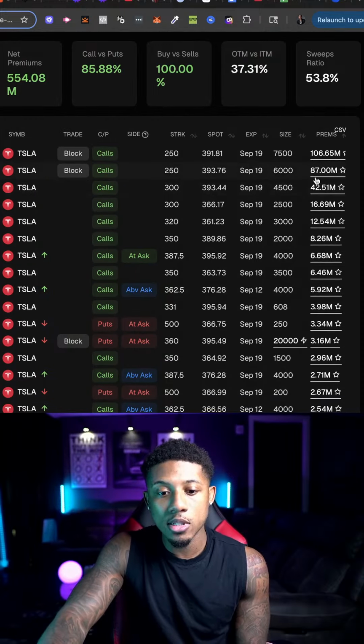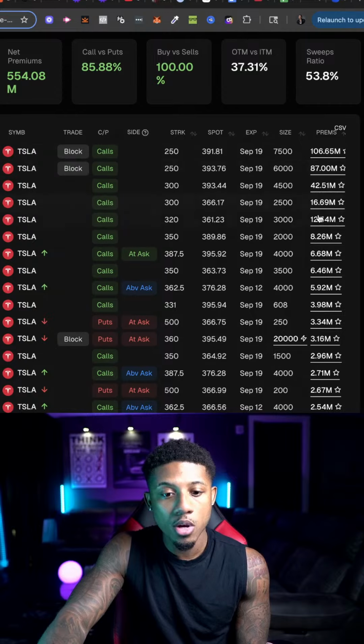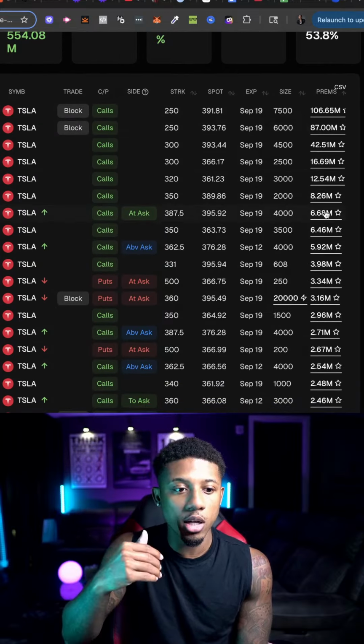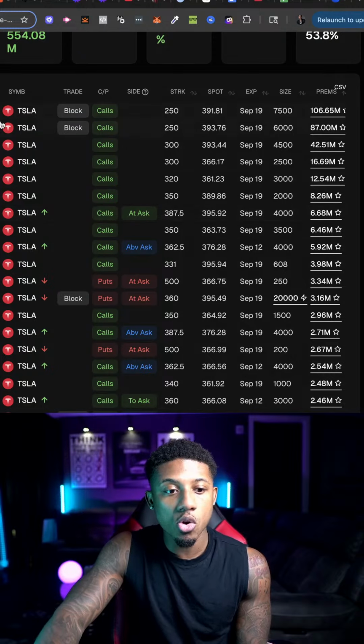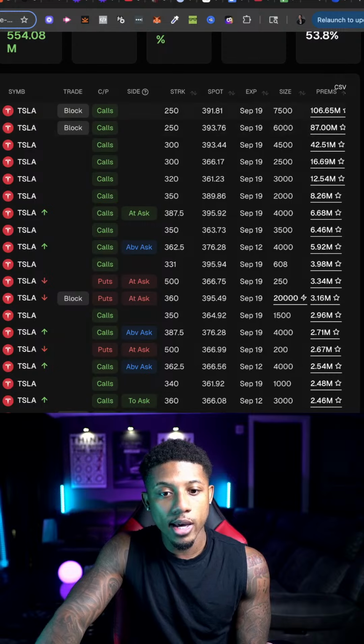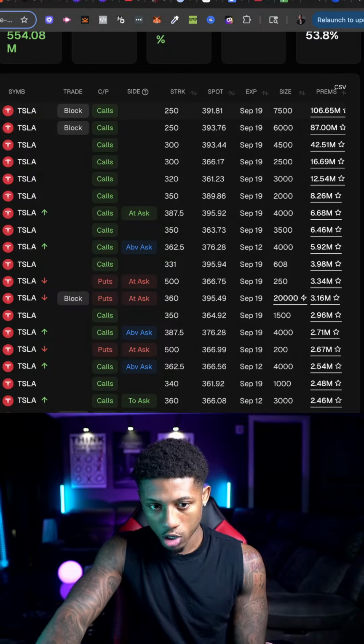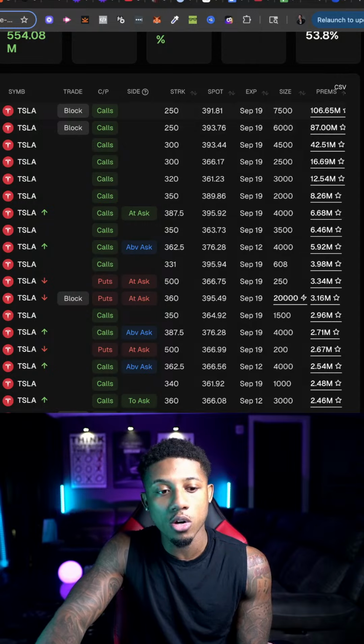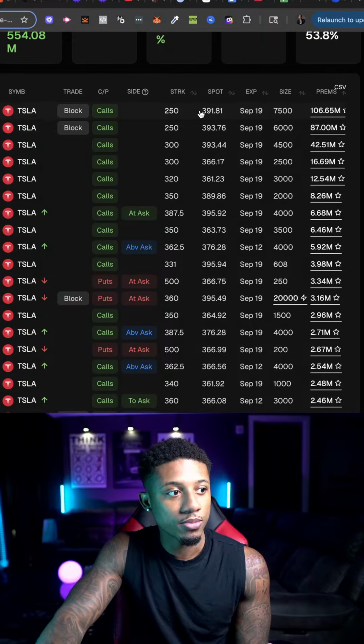And then you start getting this trail of huge whale money coming in, and this is all within a 2-day period. These two orders right here, this is what, 190 million? $190 million in calls was put in right at the end of the day yesterday.